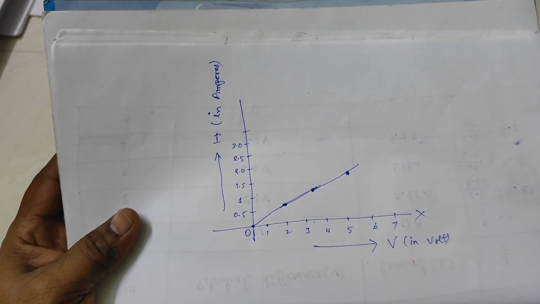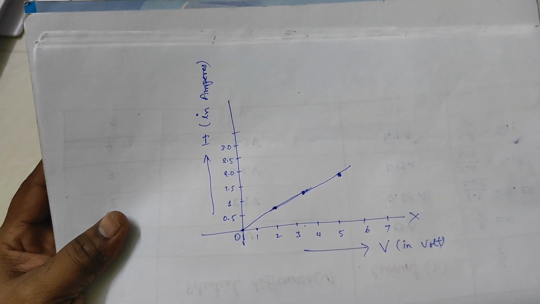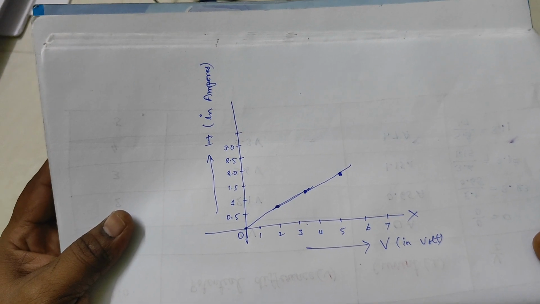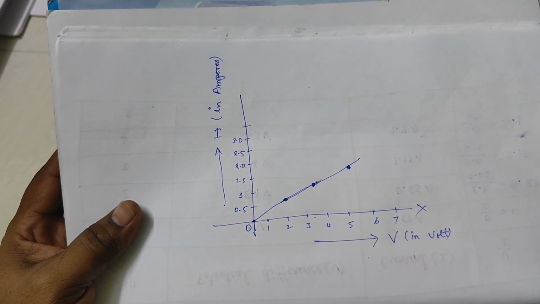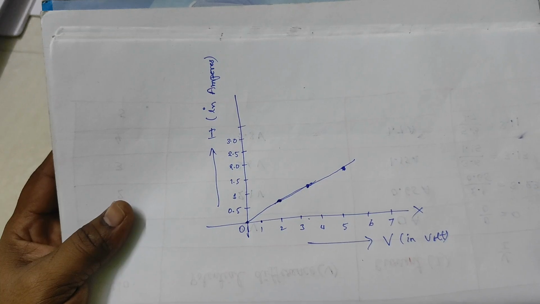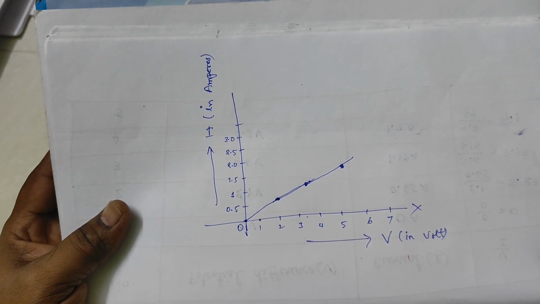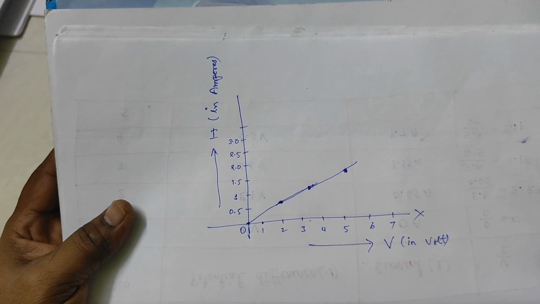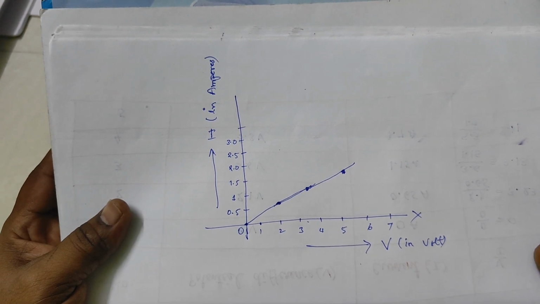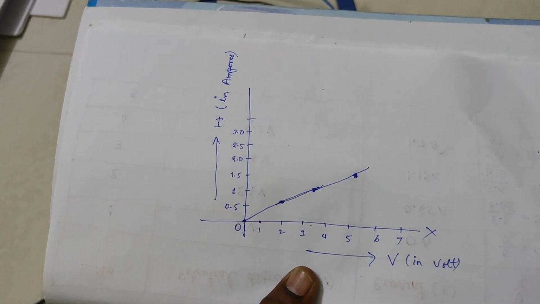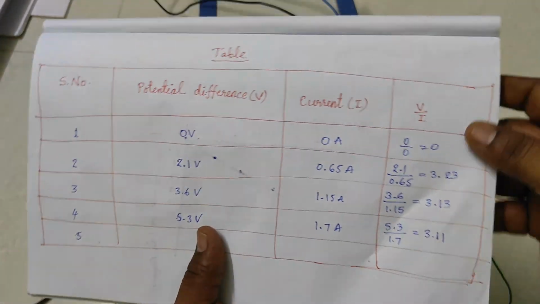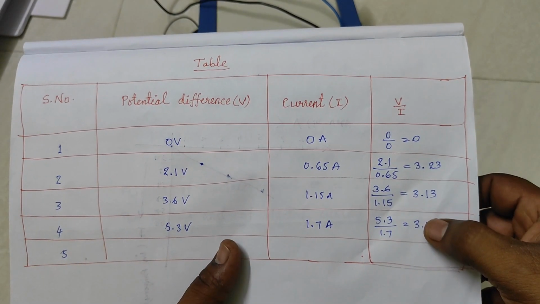From this, the current is directly proportional to the potential difference. That means potential difference is directly proportional to the current at constant temperature. This is called Ohm's law. V is directly proportional to I. So here we are getting the V by I value as constant.